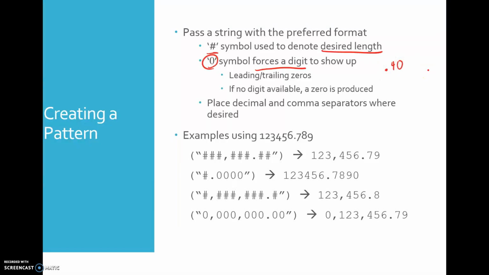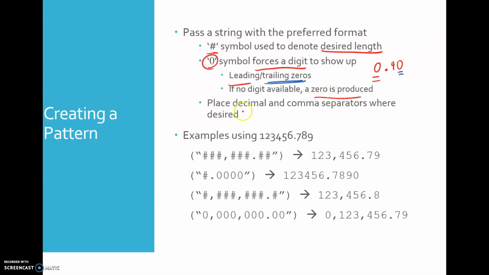If we didn't have the leading 0, then we wouldn't have the 0 in front. The trailing zeros, on the other hand, would be any zeros that appear at the end. So this right here is my trailing 0. So the 0 at the end is my trailing 0, and the 0 in the beginning is my leading 0. And if I am forcing a digit to appear and there isn't a digit because its value is 0, then a 0 is produced.